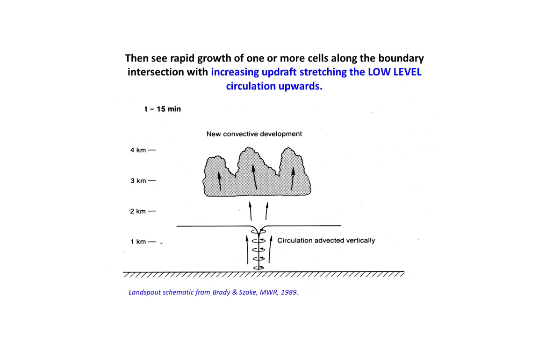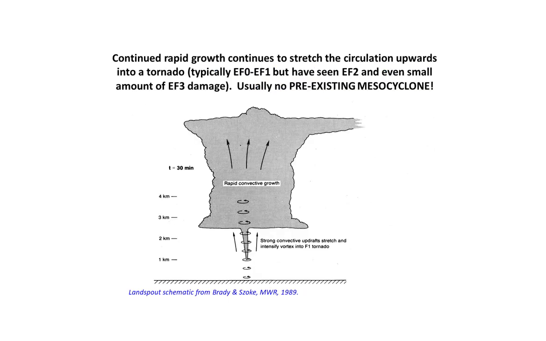If you happen to position an updraft over one of these circulations, it can be stretched in the vertical, and then bingo, you got a tornado. So the difference between this and a supercell is that we essentially have the vorticity already aligned in the vertical for these kind of tornadoes, just waiting to be stretched.